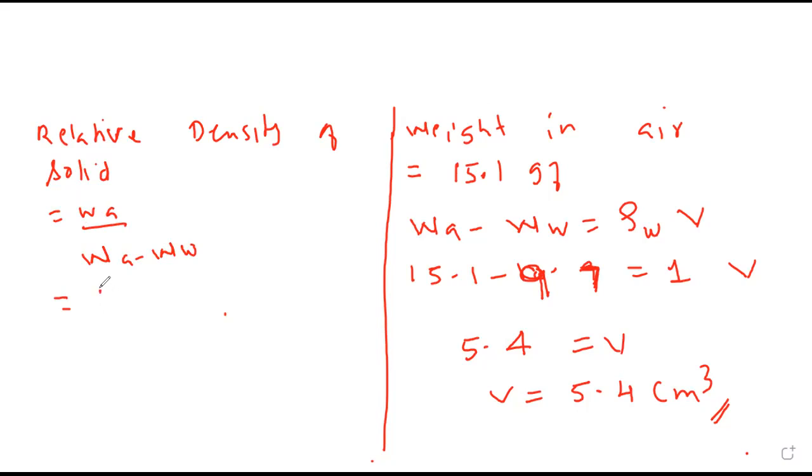Sir, if weight in air and water was given in kgf, then we would have to multiply it with 1000, na? For relative density, this density will take 10 raised to 3. Relative density is the ratio, so it will not change. Oh, correct. 15.1 minus 9.7, 15.1 upon 5.4.